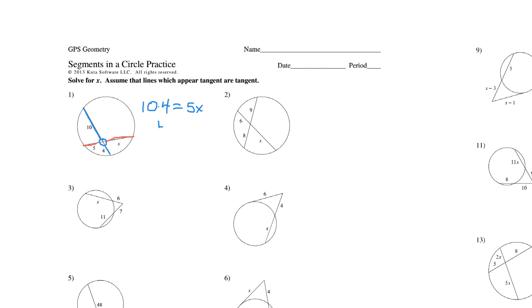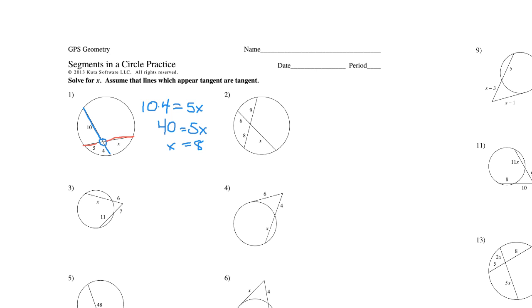So that means 40 equals 5x, which of course means that x equals 8. And that's our theorem. As you can see, the math is not too bad.